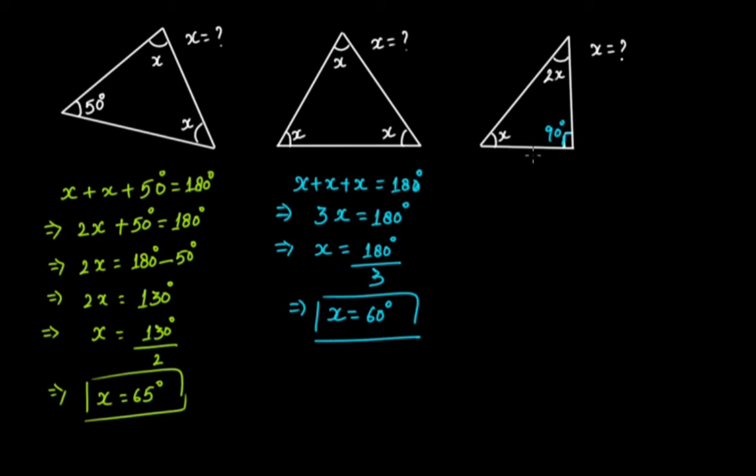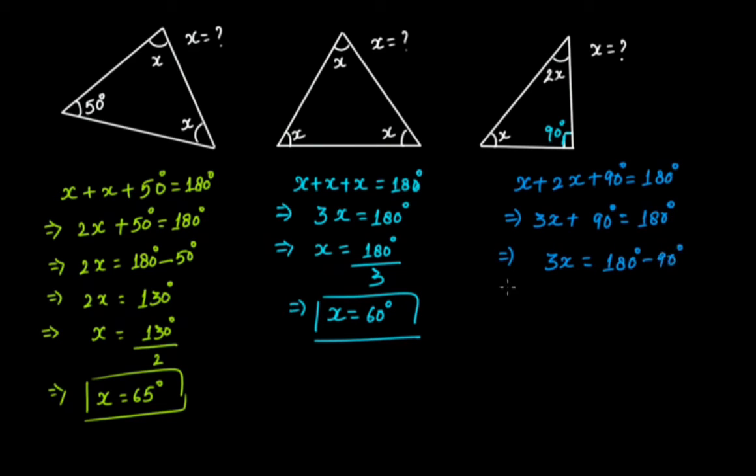Applying angle sum property, x plus 2x plus 90 degree will be 180 degree. x plus 2x means 3 times x plus 90 degree equal to 180 degree, and 3x will be equal to 180 degree minus 90 degree. So 3 times x is 90 degree, x is 90 degree divided by 3, and you will get x as 30 degree.